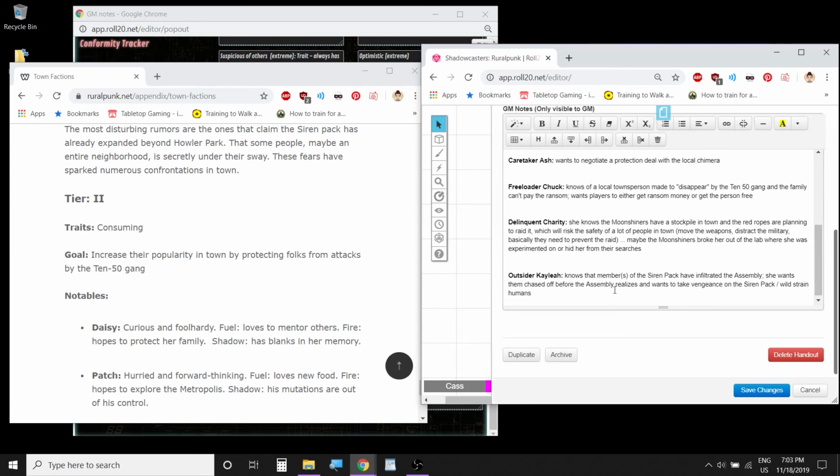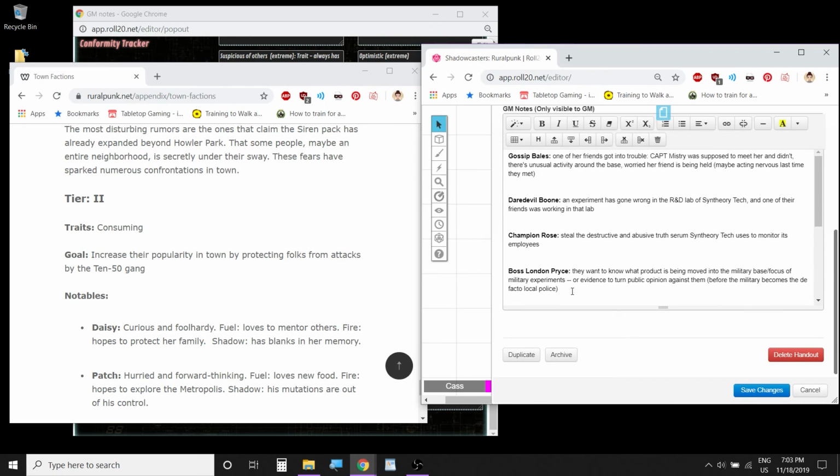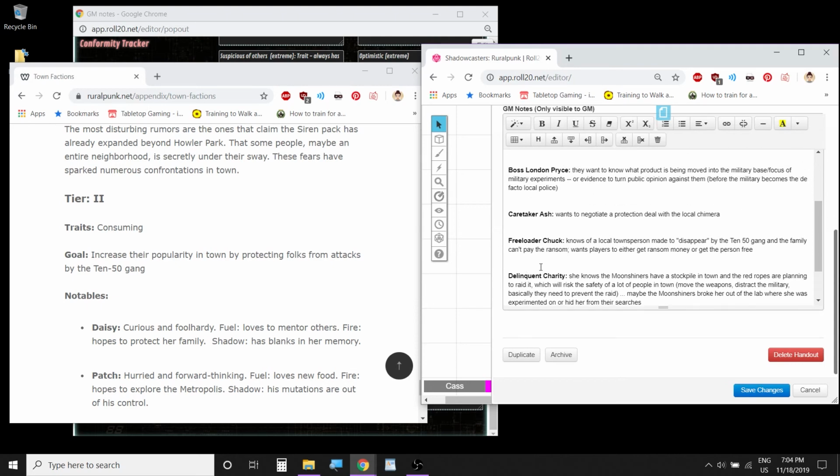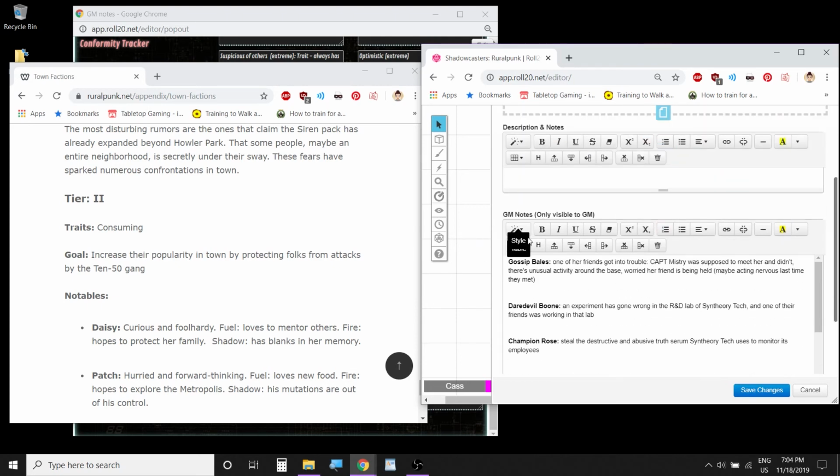Because Kalia herself is very far along in the wild strain mutation. So she's an amateur sleuth. She's figured out the Siren Pack has infiltrated the Assembly. She doesn't know why. She wants them to be convinced to leave or gotten rid of before the locals find out and take vengeance on people who are different or mutated.